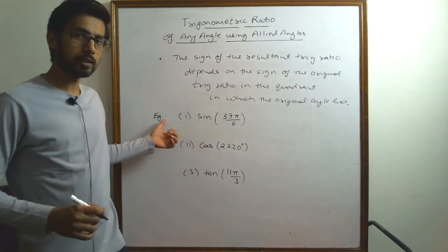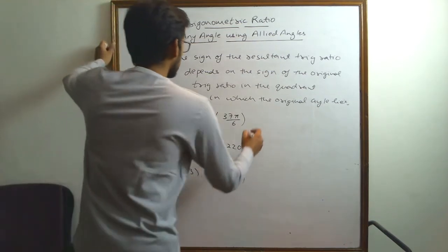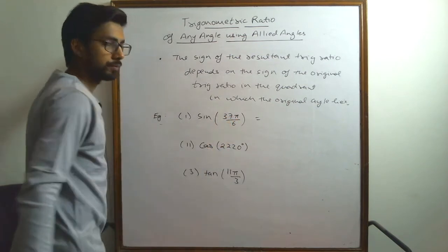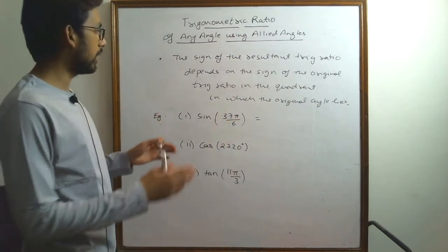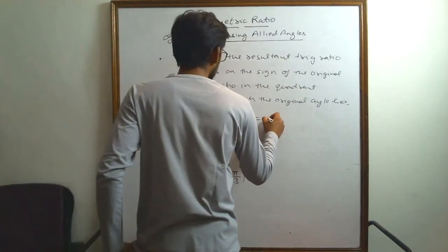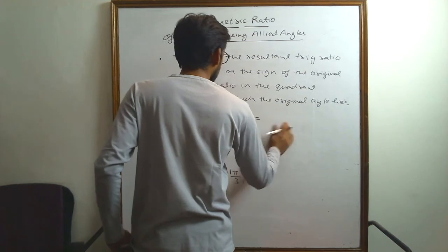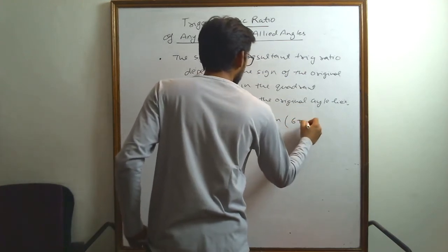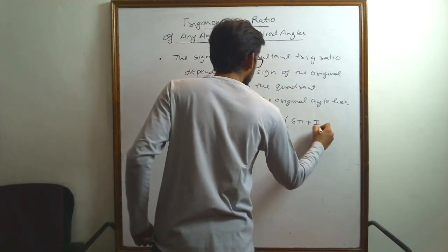Alright, so let's look at these three examples. First we have sine of 37 pi by 6. Now for 37 pi by 6, we have to make this into the form of an allied angle first. So this can be written as sine of 6 pi plus pi by 6. Correct?